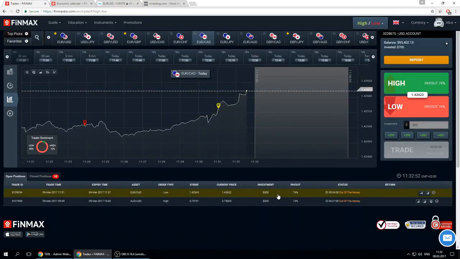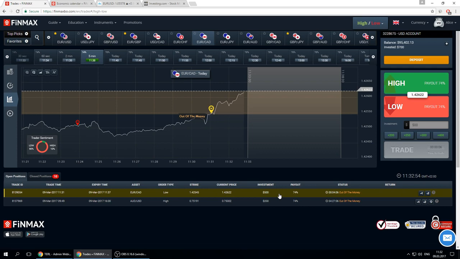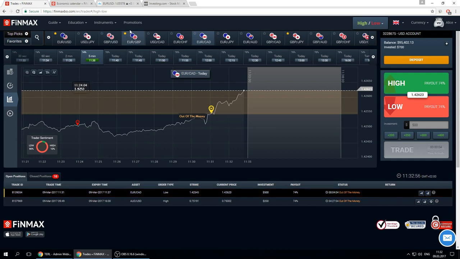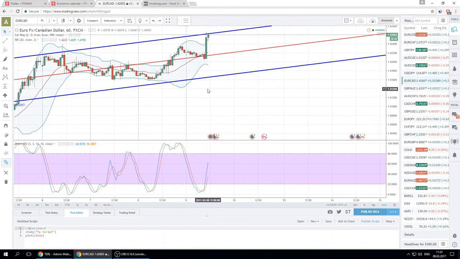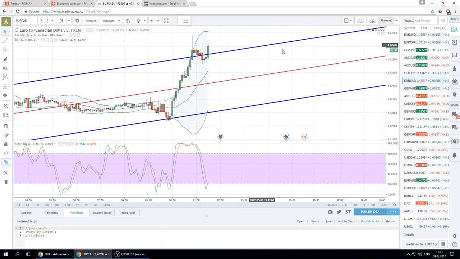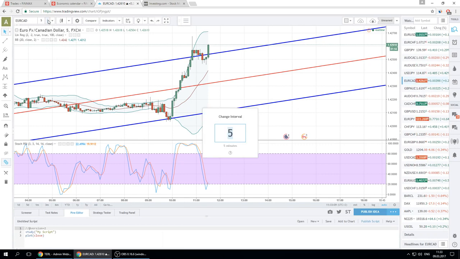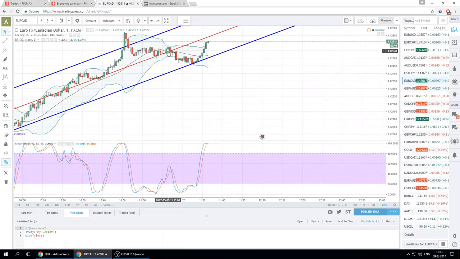How is our trade? Still going up. Euro Canadian up. We'll hold.